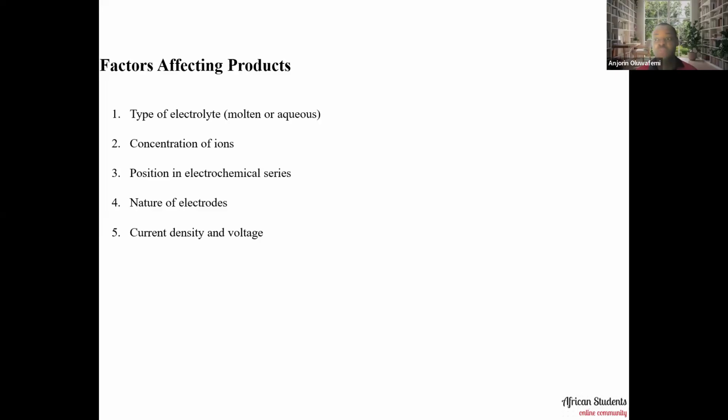And if the current density and voltage are of the right amount, or adequate, you also see it impacting the product that will be deposited at either the cathode or the anode.